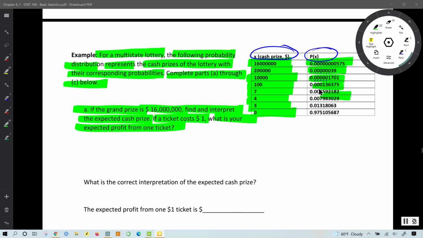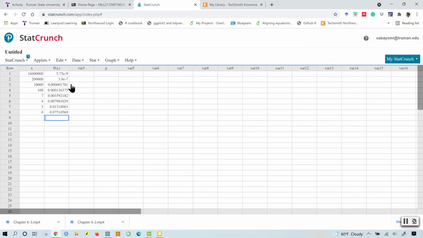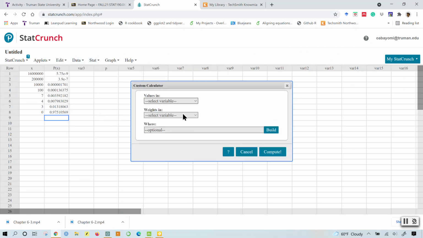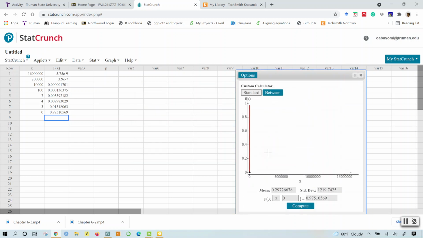In order to answer this question, what we'll do is first find and interpret the expected cash prize. I'm going to key in all these data values in StatCrunch and compute the expected value. So in StatCrunch, I have all the data values here. I'll go to Stat, Calculators, Custom. All values are stored in X, and the respective probabilities are P of X, and I will compute.